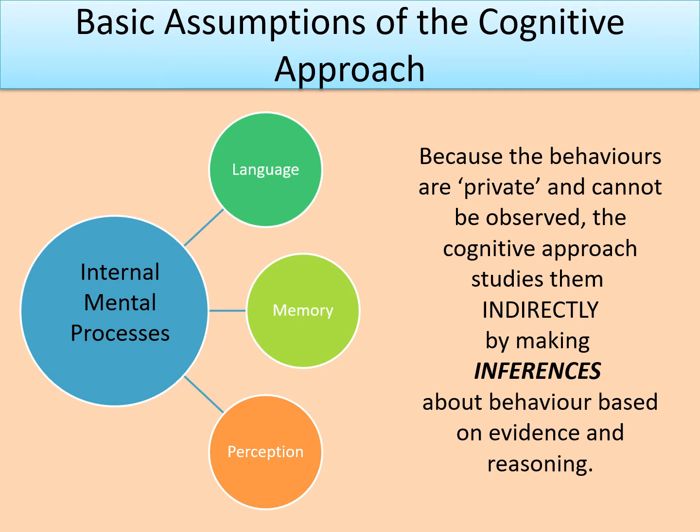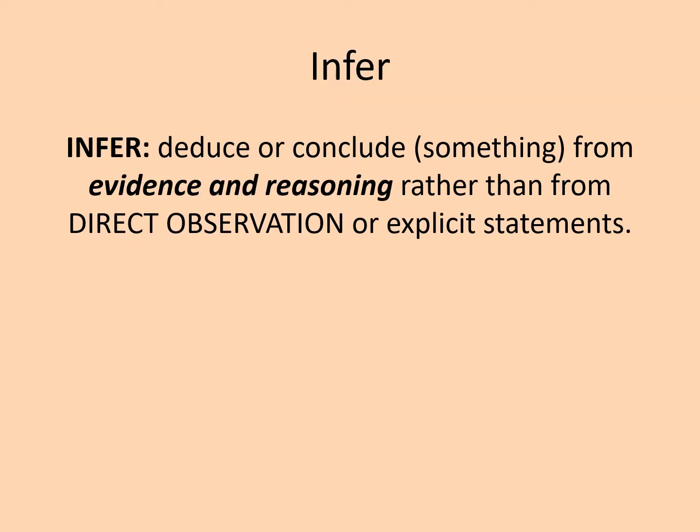And because the behaviours are private and cannot be observed, the cognitive approach studies them indirectly by making inferences about behaviour based on evidence and reasoning. So inferences is a really important word in the cognitive approach, and if you infer something, it means that you deduce or conclude something from evidence and reasoning rather than from direct observation or explicit statements.